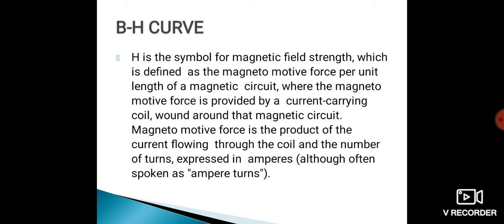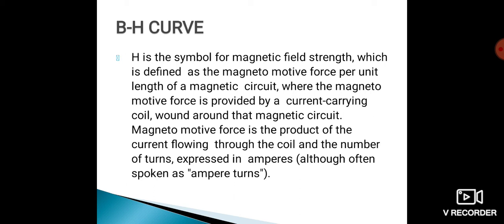Now, here in the BH curve, H represents the magnetic field strength, which is defined as the magnetomotive force per unit length of the magnetic circuit, where the magnetomotive force is provided by the current carrying coil wound around that magnetic circuit.